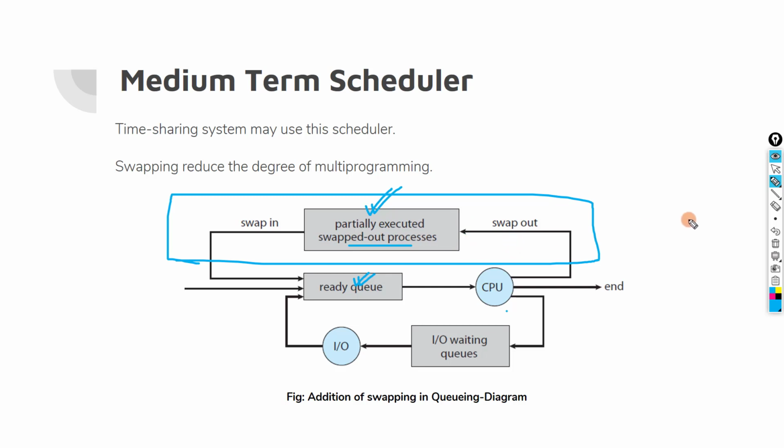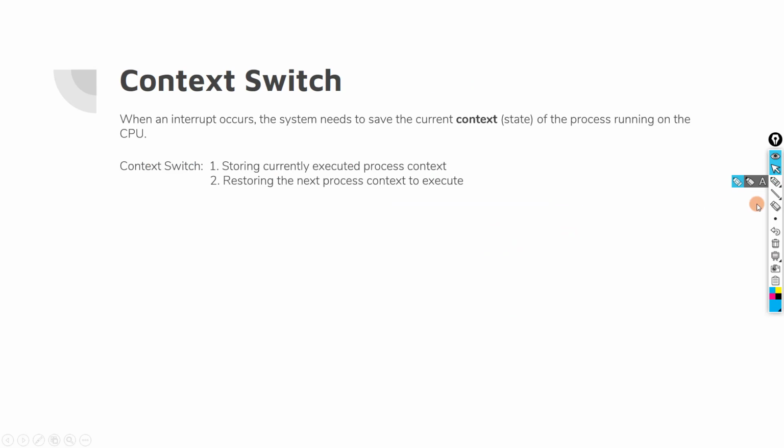Now we have seen that a process goes to the CPU, then it comes out of the CPU, and in the meantime another process comes to the CPU. So the CPU is executing different processes at different times.